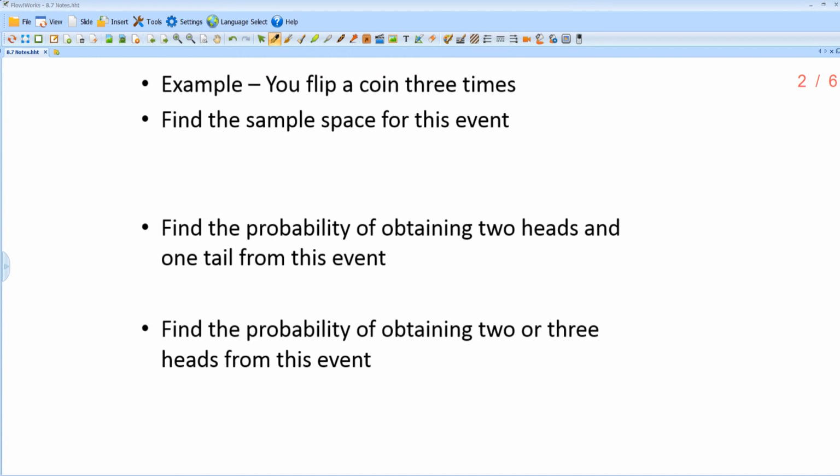So we'll start with, it's possible that I got heads, then heads, then heads. Or heads, heads, tails. Then it's also possible that I got heads, tails, heads, and heads, tails, tails.